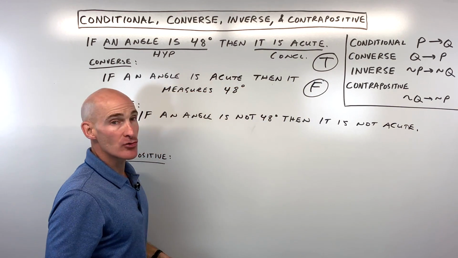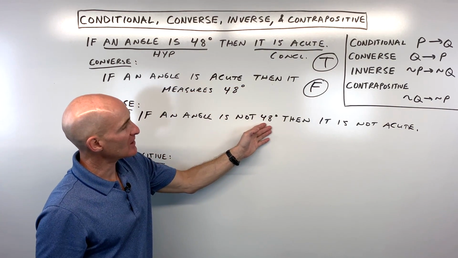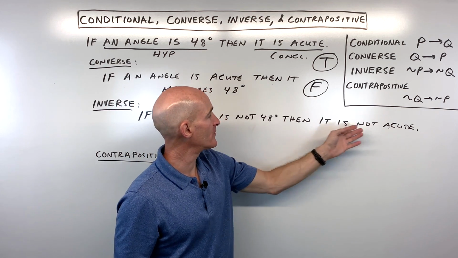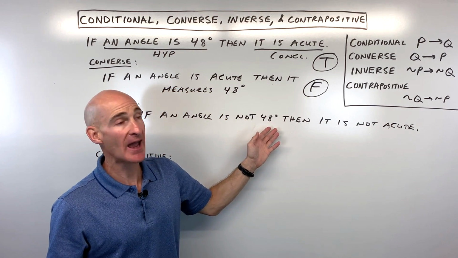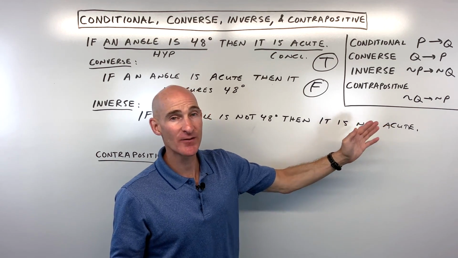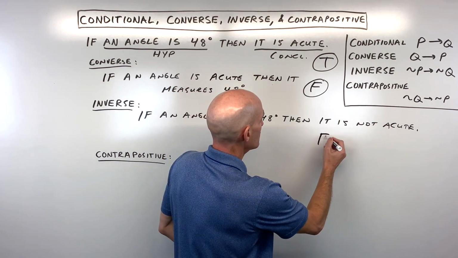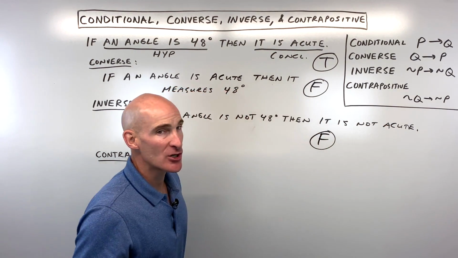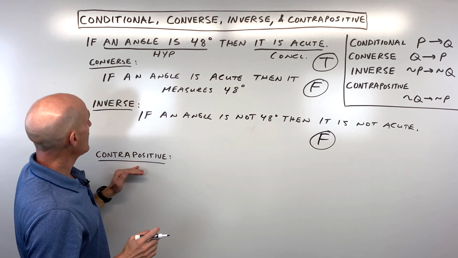Now, is that true? If an angle is not 48 degrees, then it's not acute. Well, if it's not 48, it could be 49, and that would still be acute, and here it's saying it's not acute. So that's false. So let's mark that as F. And I want to show you something at the very end that's kind of helpful.